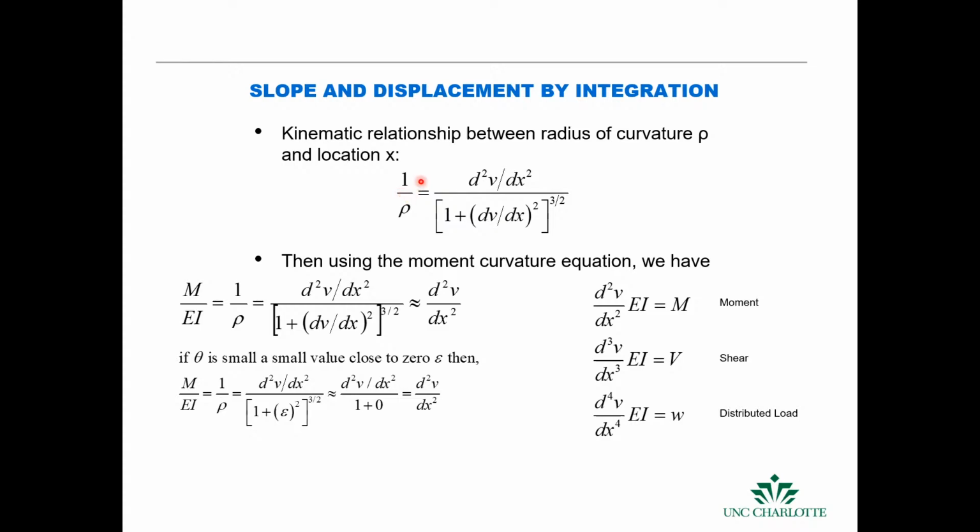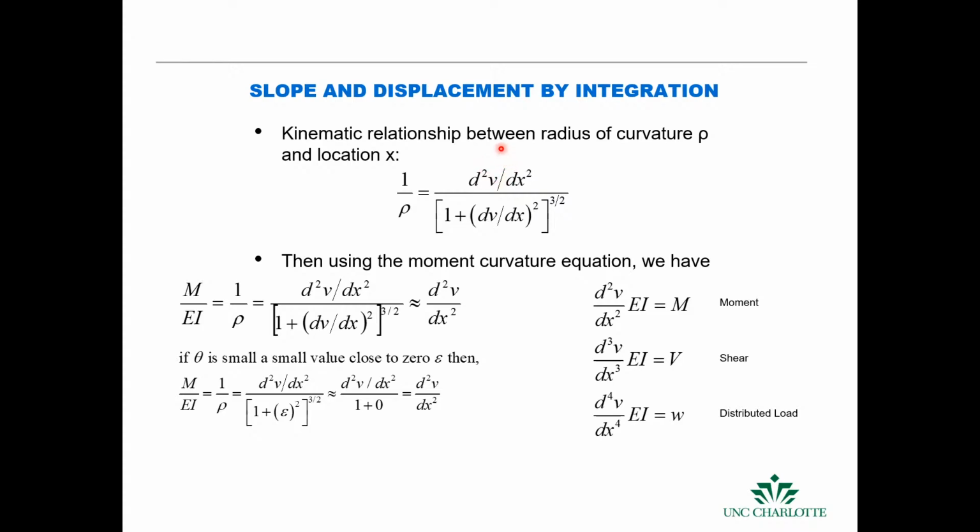And if we use this and we assume that this term here is really small, this is actually our deflection term, then we can say that 1 over rho is approximately equal to d squared v over dx squared, and this is our displacement.